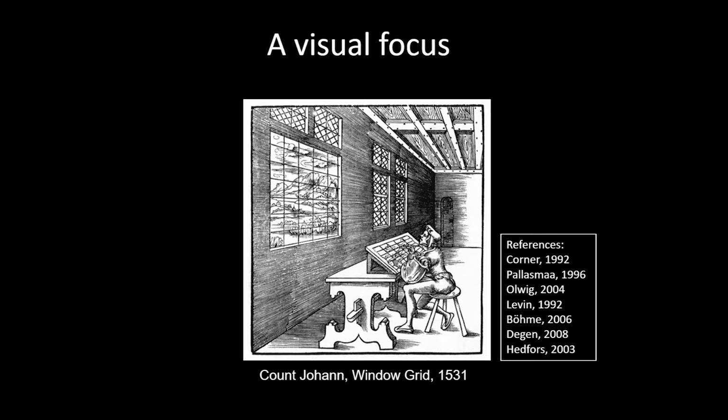And this is also a good image. This is from the Renaissance, Count Johann, the window grid from 1531, which exemplifies the situation in which many landscape architects work today.